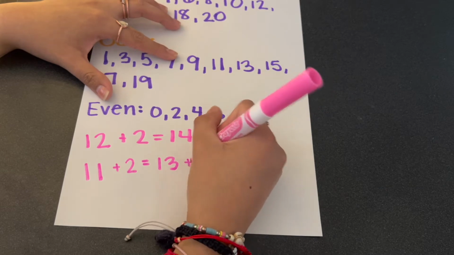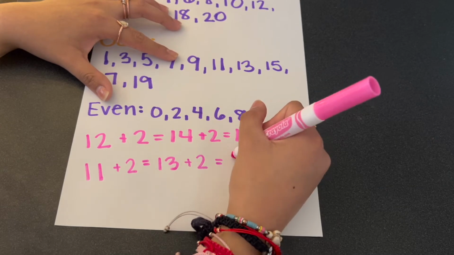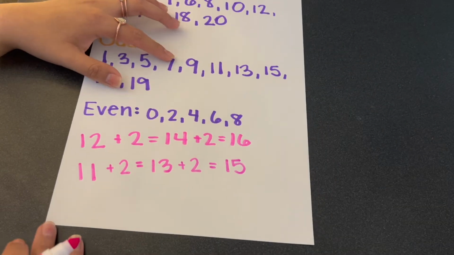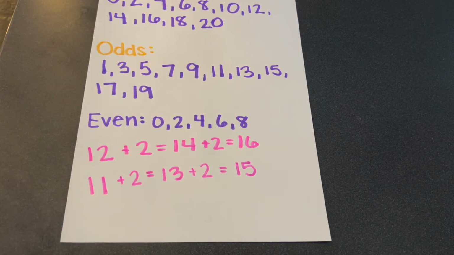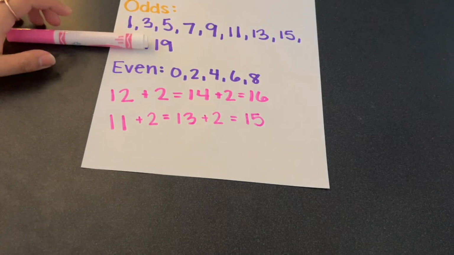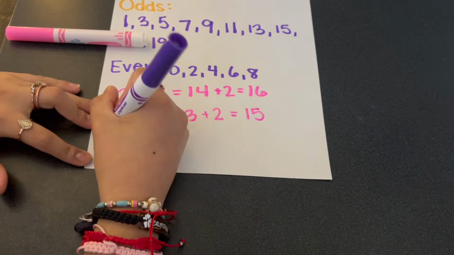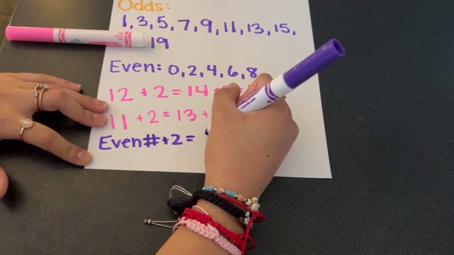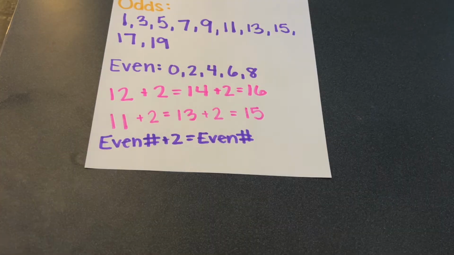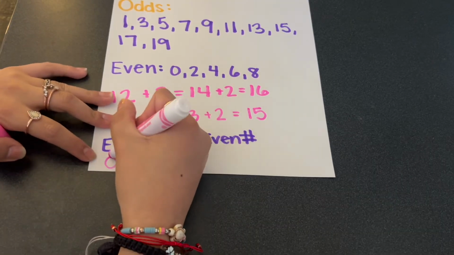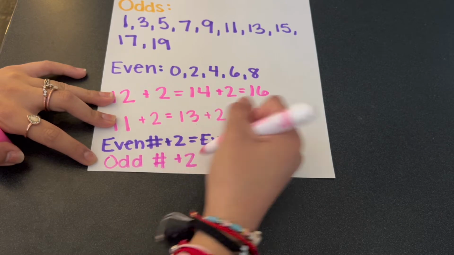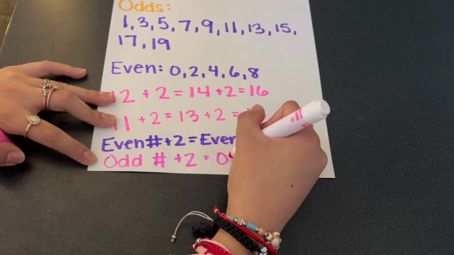And if we add another 2 to this, and we get 15, that means that 15 is also an odd number. So what does this mean? This means that an even number plus 2 equals another even number. This also means that an odd number plus 2 equals another odd number.